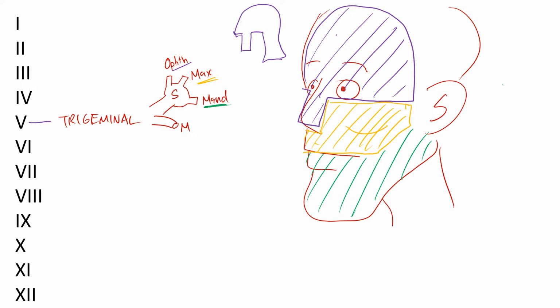Now, you might ask, how about the ear? Well, basically, the ear is cranial nerve 7, facial, a little bit of cranial nerve 9 as well. Oh, by the way, I forgot something. I just want to apologize to your cranial nerve 3.